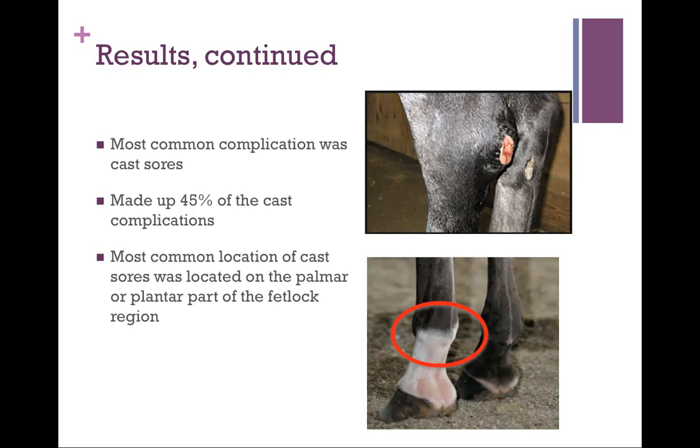Of the cast complications that occurred, cast sores were most common, making up 45% of the complications. The researchers also found that the most common location for a horse to get these sores was on the palmar or plantar region of the fetlock.